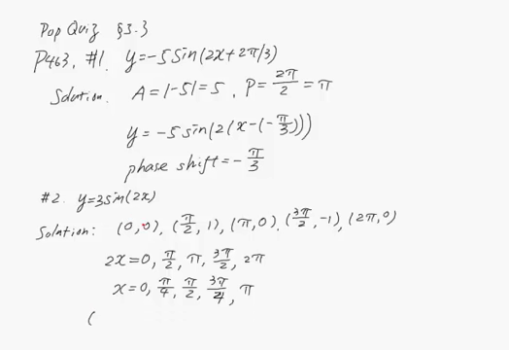So x is equal to 0. The corresponding y value is equal to 0 times 3. So you have 0, 0. And when x is equal to pi over 4, 2x is equal to pi over 2. Sine of pi over 2 is equal to 1.